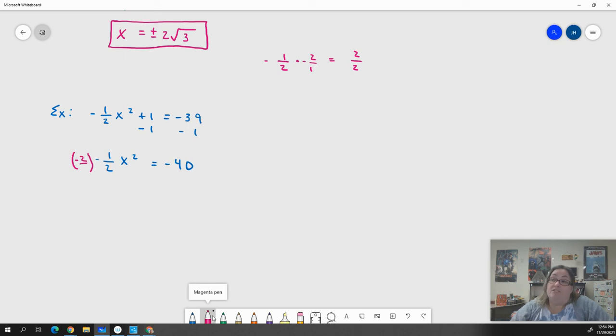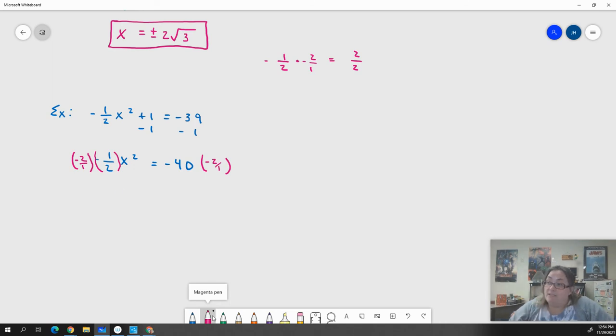But I can't just multiply one side by this negative 2 or 2 over 1. The reason she said 2 is because we don't ever write that 2 over 1 in our minds, right? It's just a whole number. But we know that it's there, right? We're going to multiply that by negative 2 over 1, and we're also going to multiply this times negative 2 over 1, right? Because we can't do something to one side and not do it to the other.